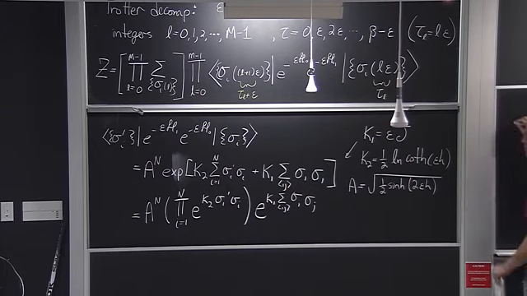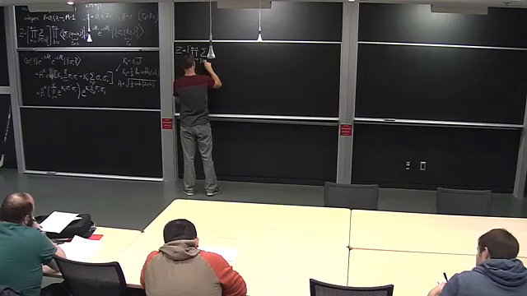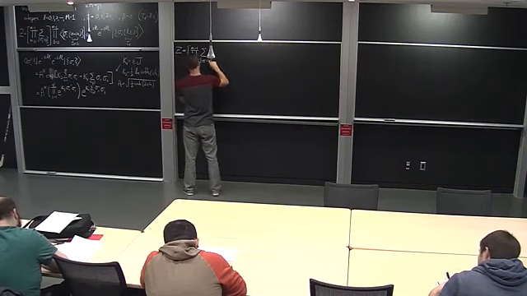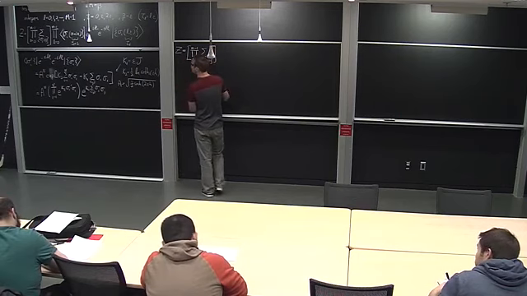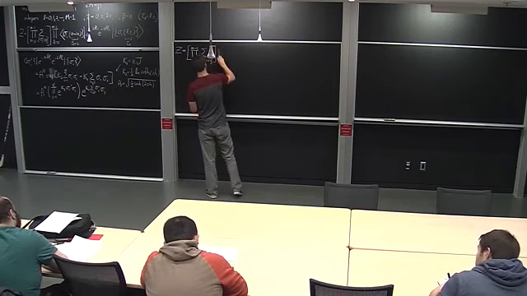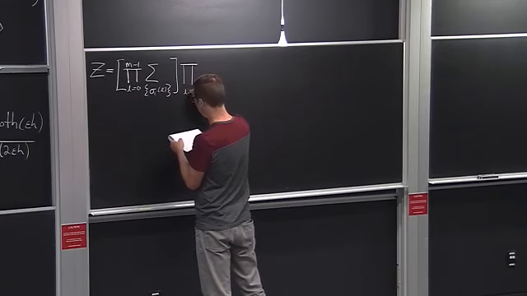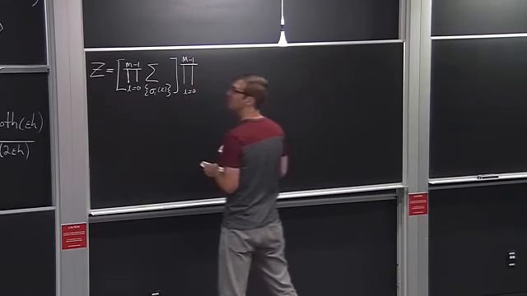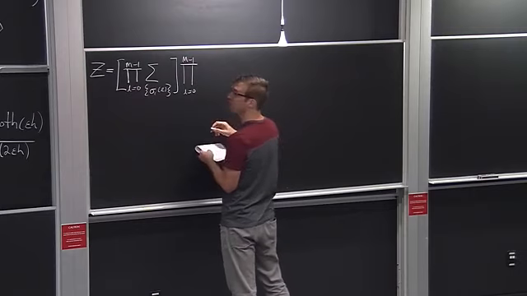So the full partition function Z carries around all this bulky preamble before the matrix element.